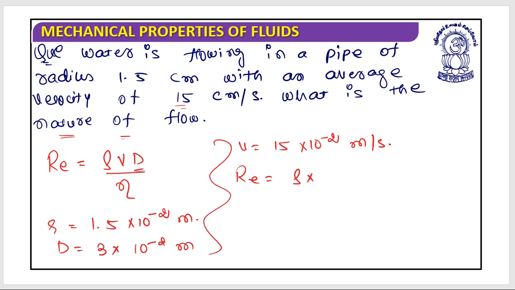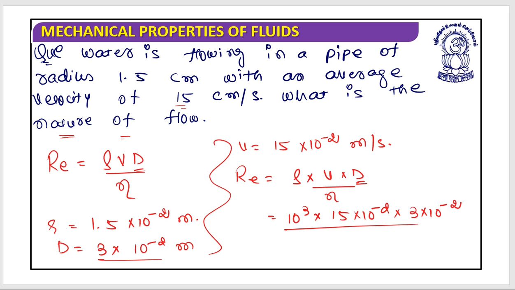It's rho into V into D divided by eta. So they said the water is flowing. When they said water is flowing, it's 10 to the power 3 multiplied by velocity, 15 into 10 to the power minus 2, multiplied by diameter of the pipe, 3 into 10 to the power minus 2, divided by eta, which is again 10 to the power minus 3.